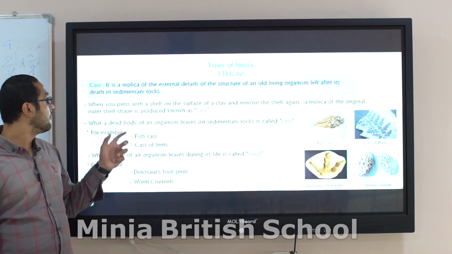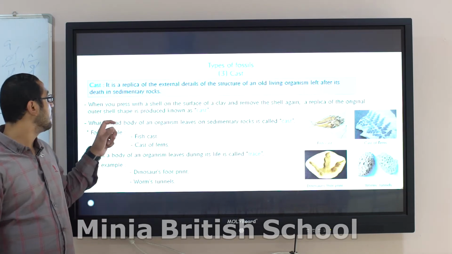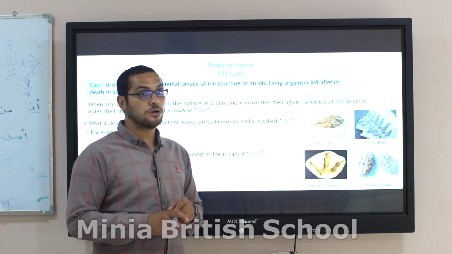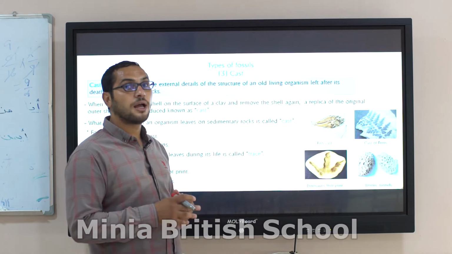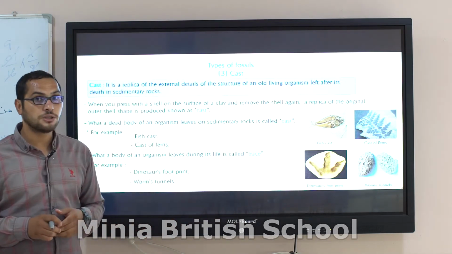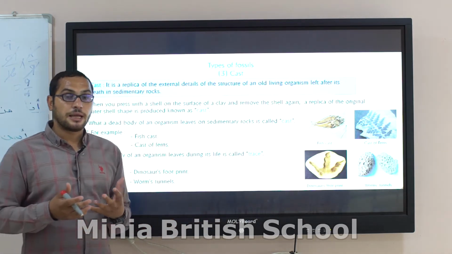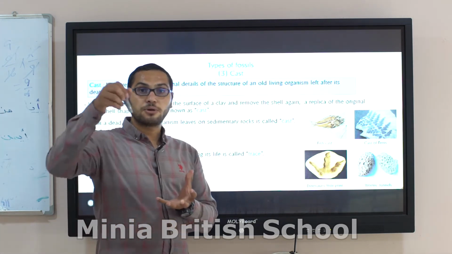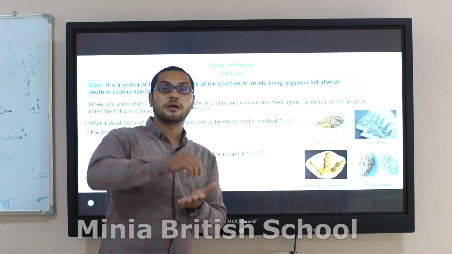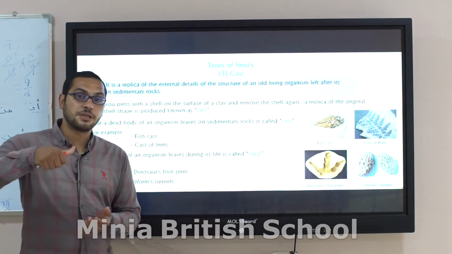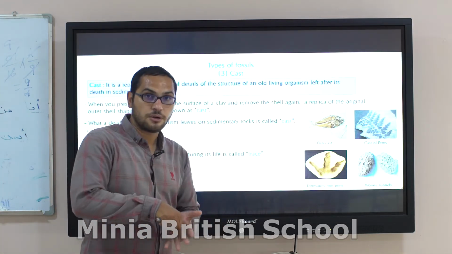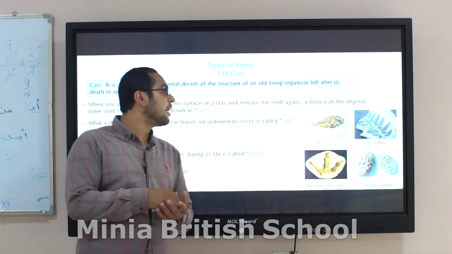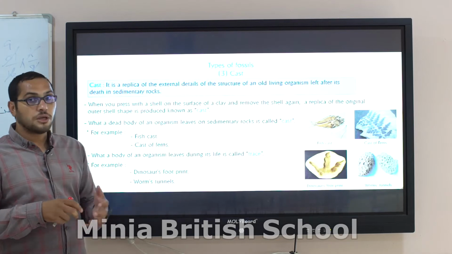You can make a model of a cast at home. Bring clay and a shell, put the shell on the clay, and press with your finger. After this, remove the shell.